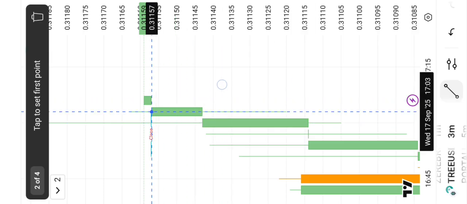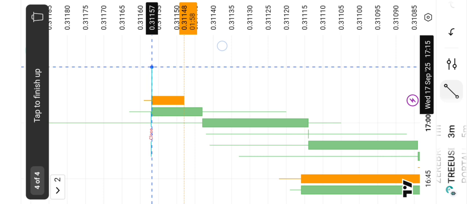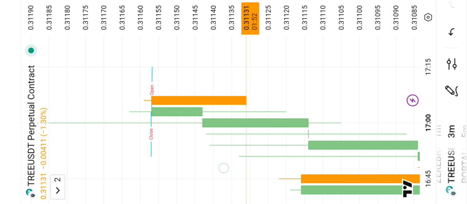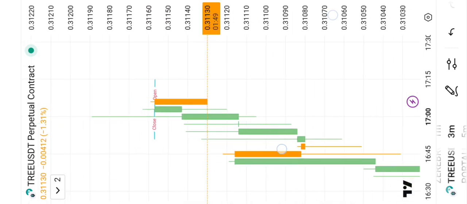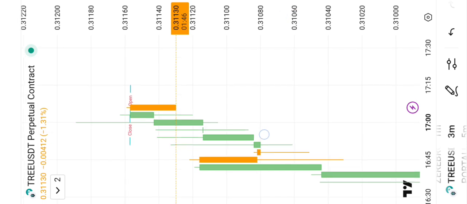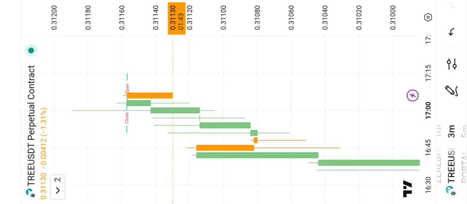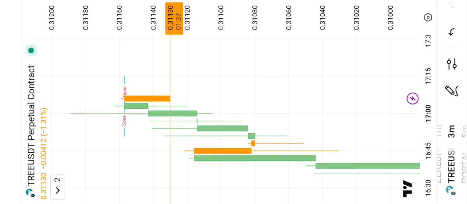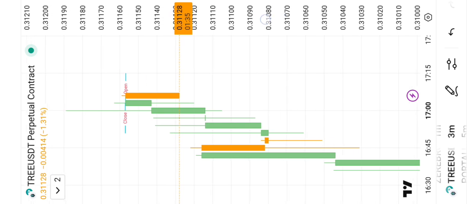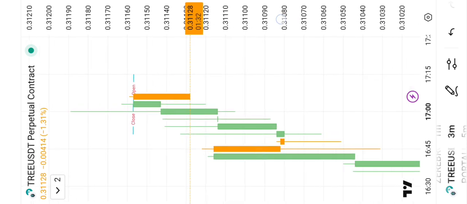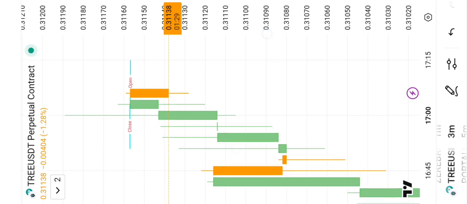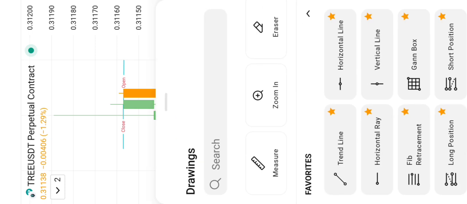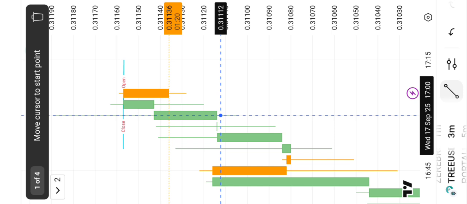Another one opens here. Another one opens here. I think this will be a bearish candle. Let's see how it goes. Remaining 1 minute 20 seconds.